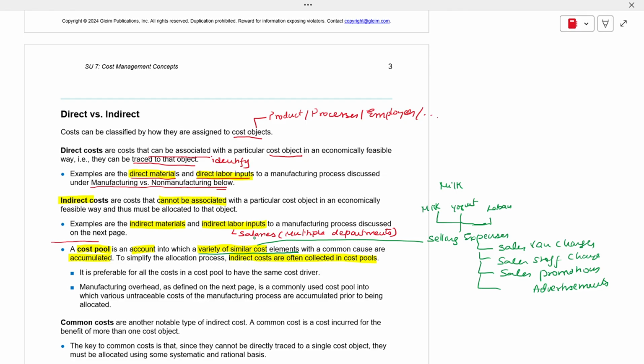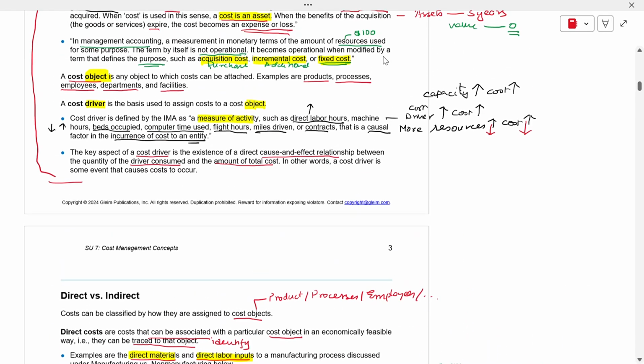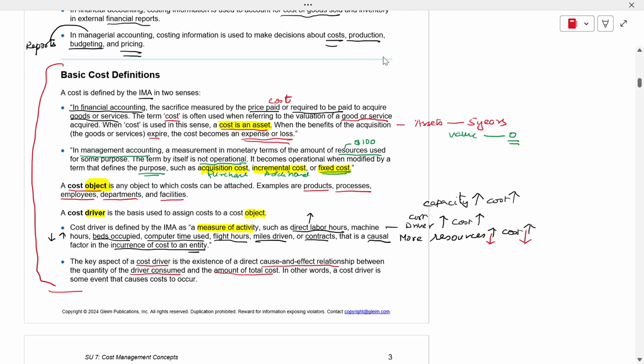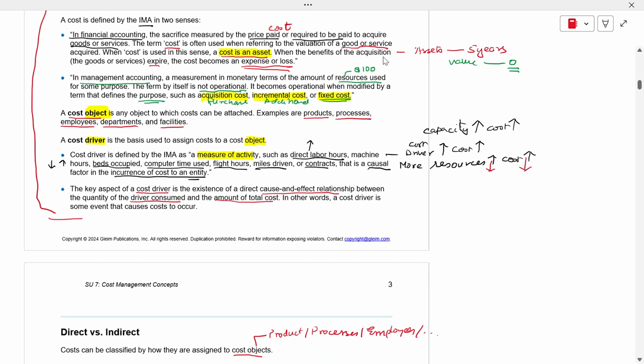It is preferable for all the costs in the cost pool to have the same cost driver. What is the cost driver? It is a measure of activity.